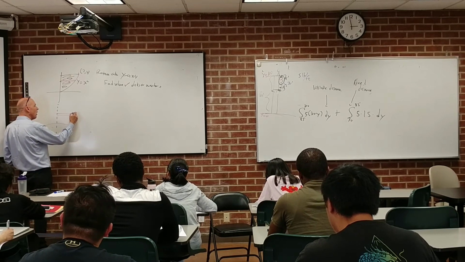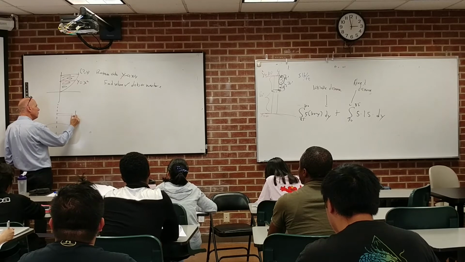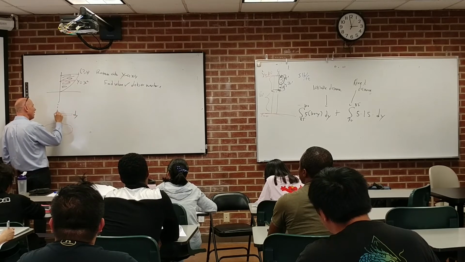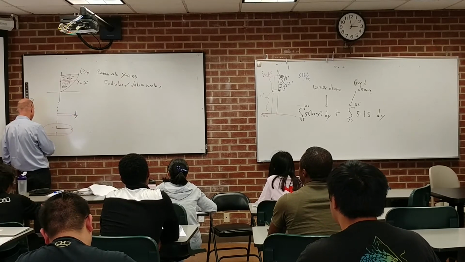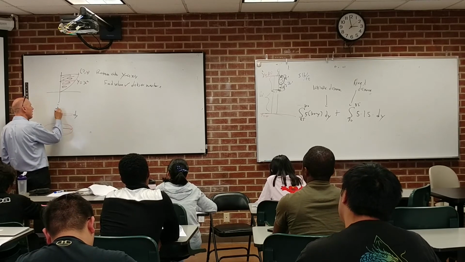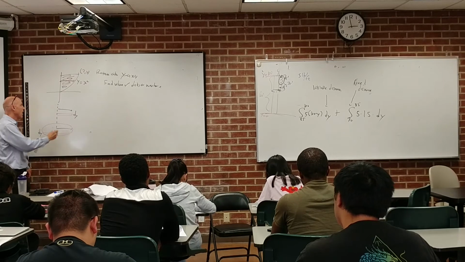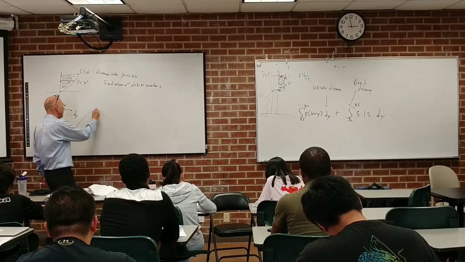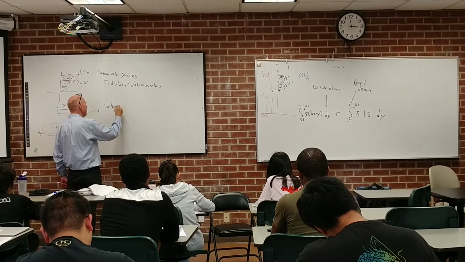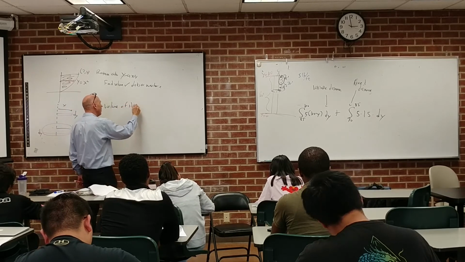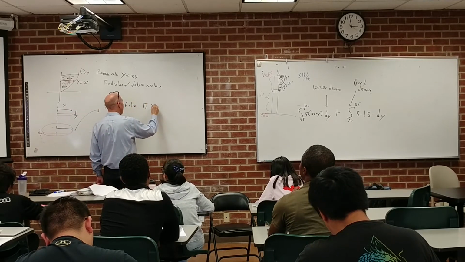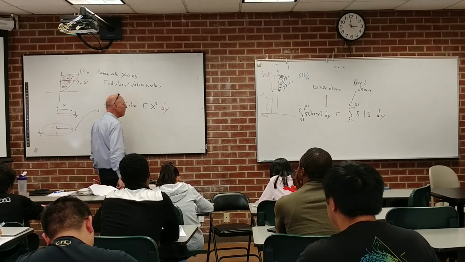Is this a dx or a dy? dy. The thickness is dy, and this radius is that distance. So that is x. So the volume of the slice is pi x squared dy.